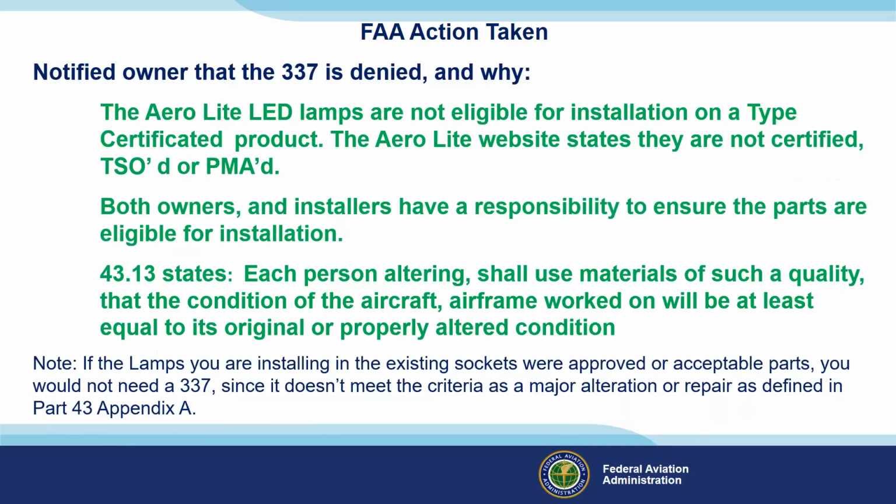And I believe I put a note that if the lamps they're installing in the existing sockets were approved or acceptable parts, you would not need a 337, since it doesn't meet the criteria as a major alteration or repair as defined in Appendix A. As long as the lamp is approved and it meets the type design, that would really not be a major alteration.